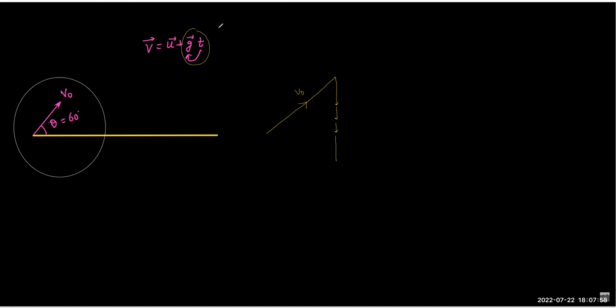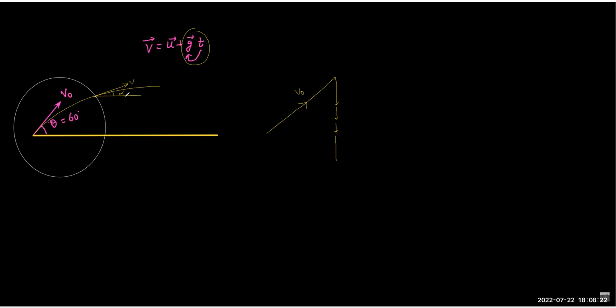So my question is, how are you going to draw it at any instant before the maximum height? Let's say you are here and you are making some angle alpha, and the velocity is something v.